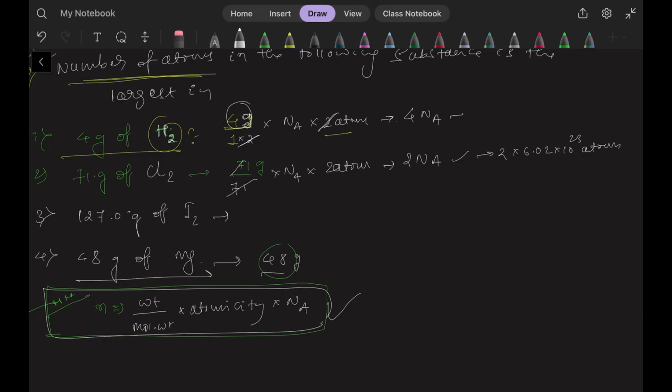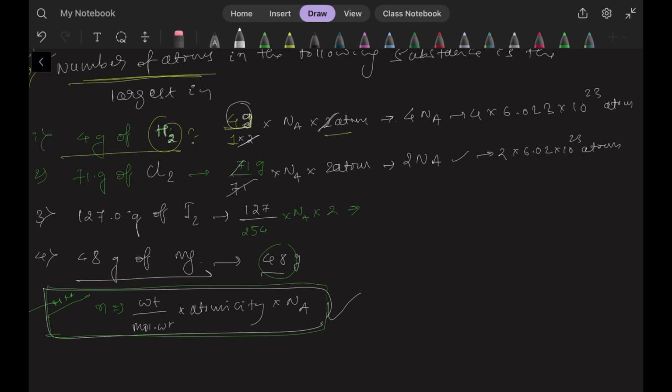Here also same, 4 into 6.023 into 10 to the power of 23 atoms are present in 4 gram of hydrogen. Next, third option, iodine. 127 gram of iodine means it's double it, 254 gram of iodine, I2 into Na. How many atoms? 2.